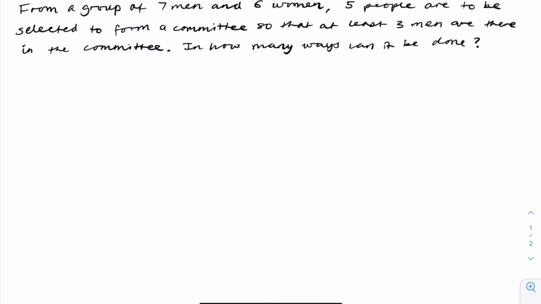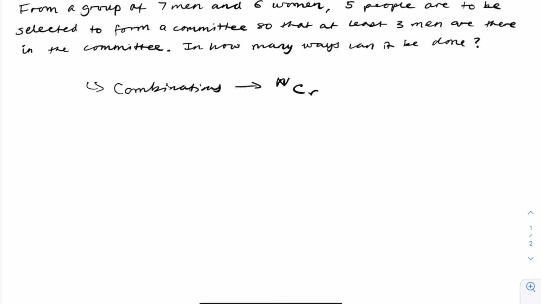So we have to first identify, is it permutations or combinations? Clearly we can see that the order in which the people are chosen does not matter. It's just 5 people. It can be person A, then person B, then person C, then person D, then person E, or the other way around. It really does not matter. So this is a combinations question, which means we're using nCr.